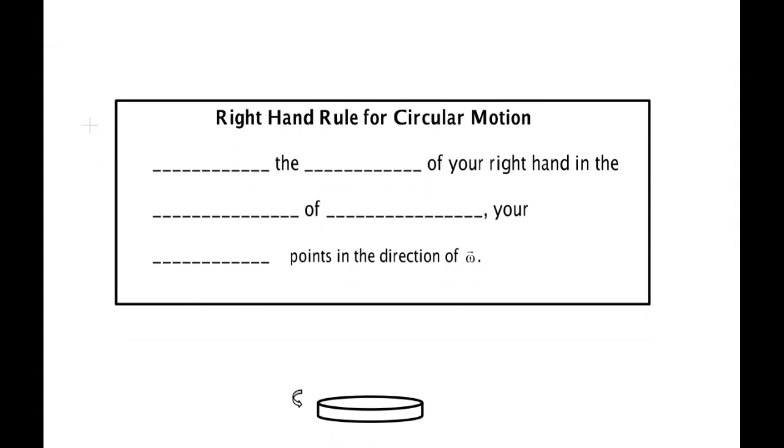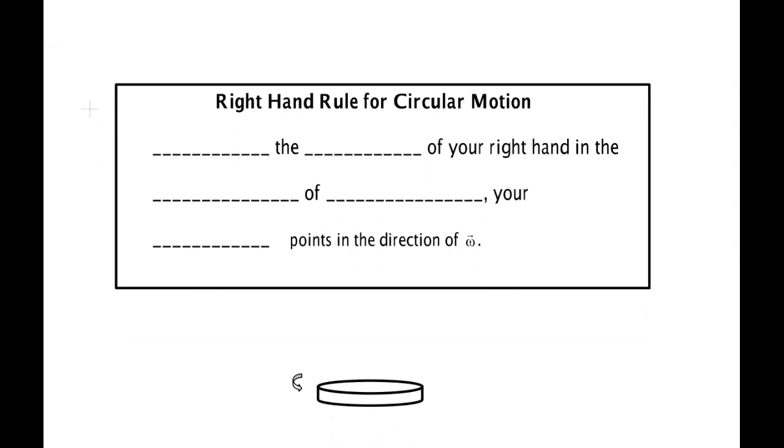The right-hand rule says this: take the fingers and wrap the fingers of your right hand in the direction of rotation. Your thumb points in the direction of the angular velocity.